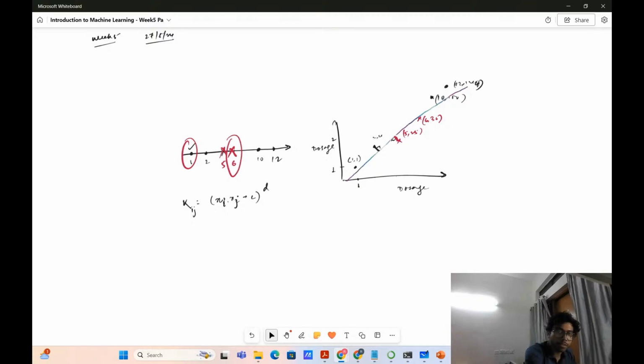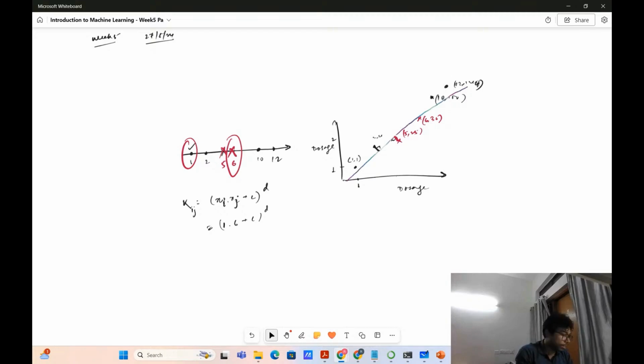Based on this, you'll get some value, 1 times 6 plus c, whole to the power d. Now, what does this value mean physically? It means how closely related are these two examples, the one example and the six dosage.